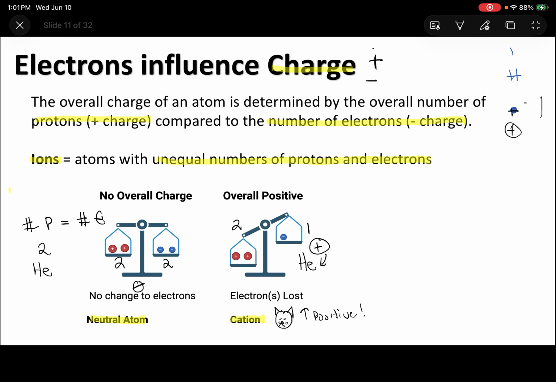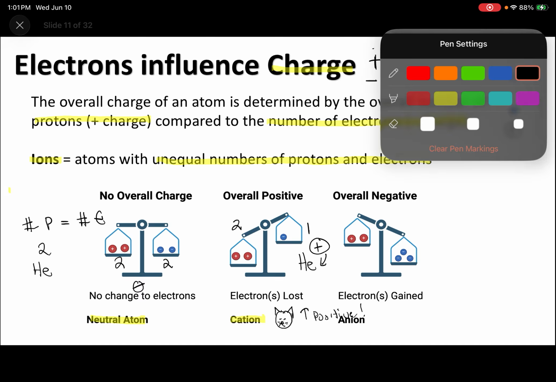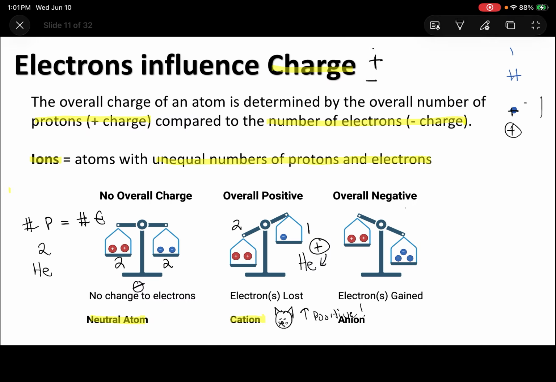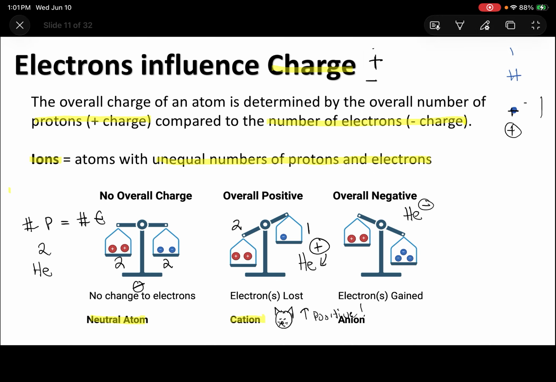We can also gain electrons, okay? So sometimes this happens, you gain an electron. So in this example, we have helium again, but we have now gained more negative. So we become more negative. So instead of a positive, you would put a negative next to your atom's name.